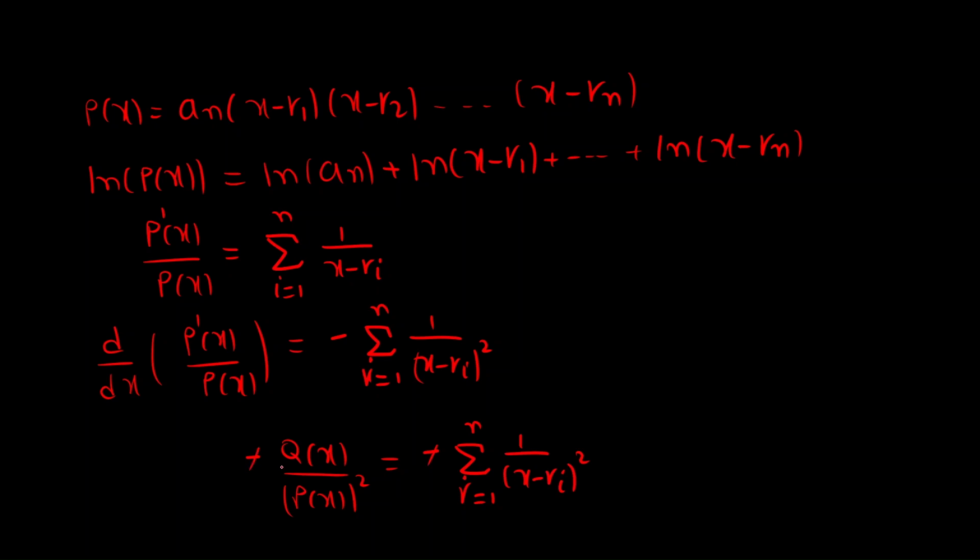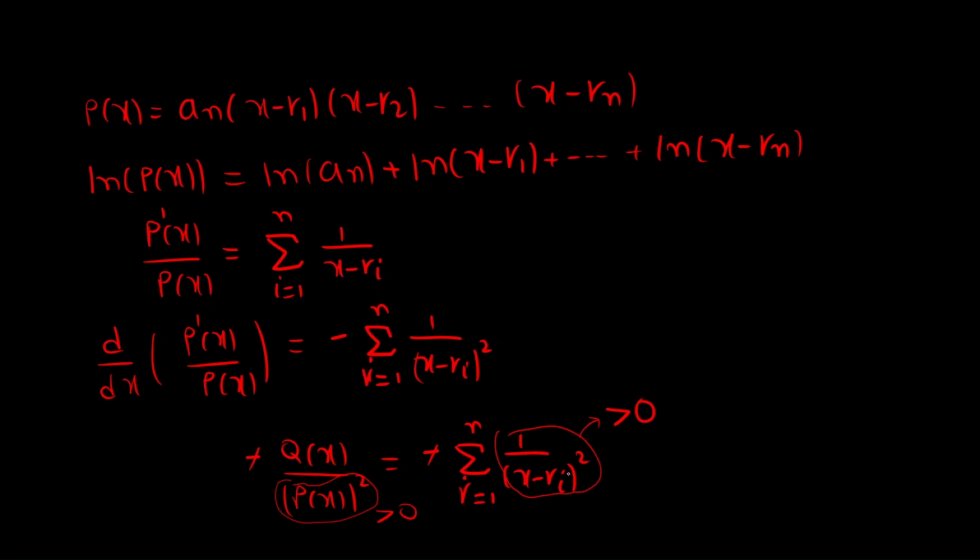This minus will cancel, and now we can see that this term is always a greater than 0 quantity, and also p of x whole square is also a greater than 0 quantity, provided we are not substituting any of these Ra's, which will make our equation undefined.